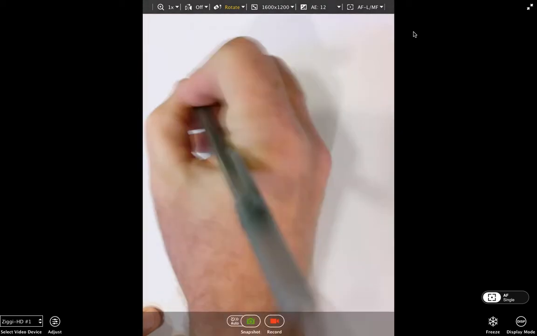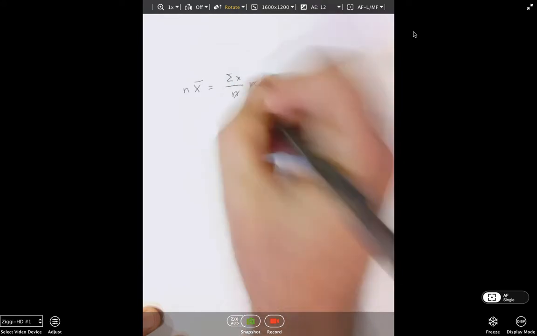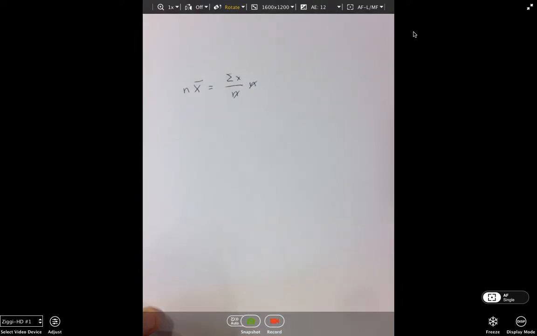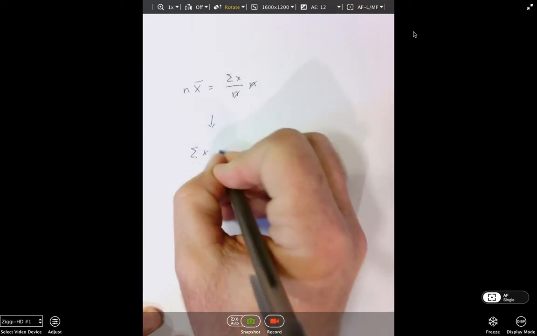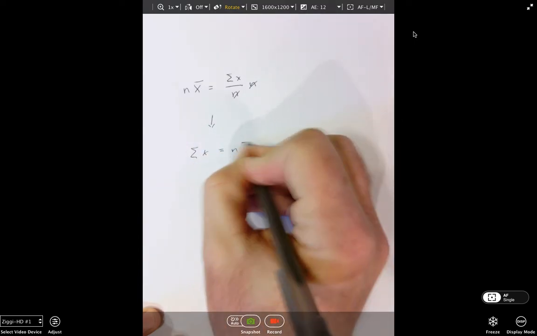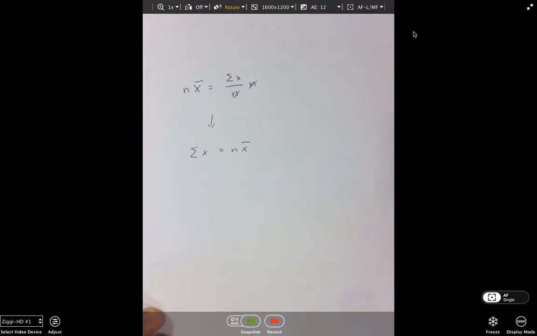And if we multiply both sides by n, which can't be 0, so that makes sense, we get an important relationship for these types of problems. It says that we can always find the sum of the scores by taking n times x bar.